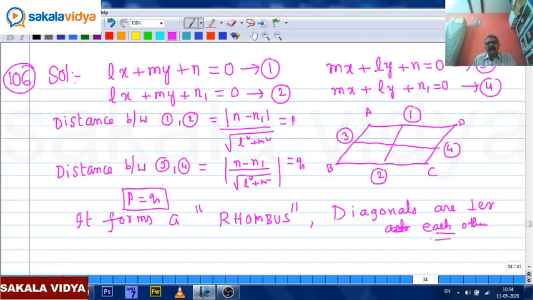So that means the angle between the diagonals, they include angle 90 degrees, pi by 2. So you may ask one doubt. So when do we get a square? For example, if 1 and 3, 2 and 4 are perpendicular and the distance between the parallel lines are the same, then it forms a square.